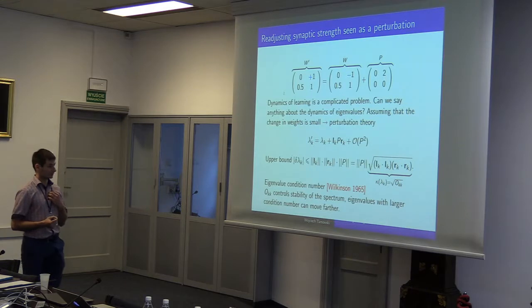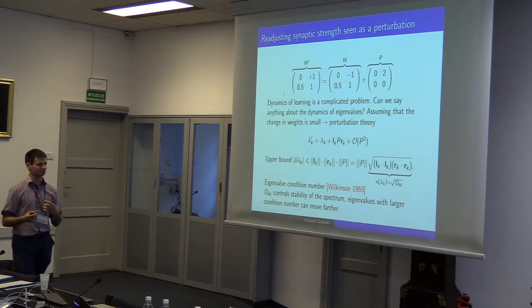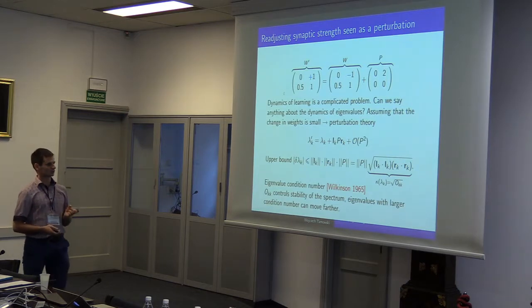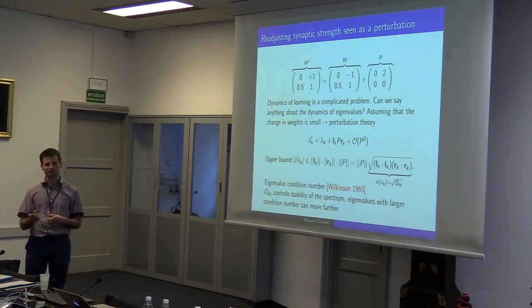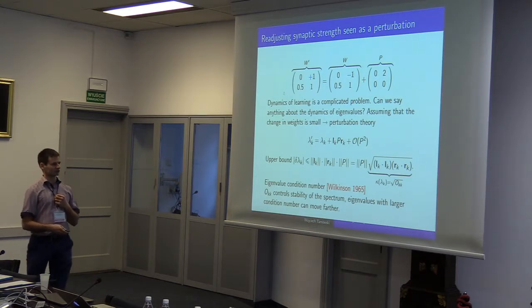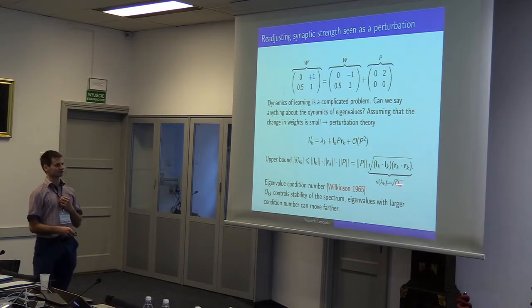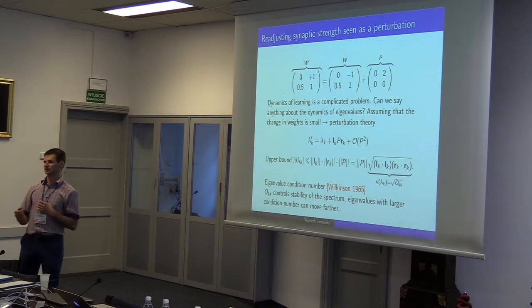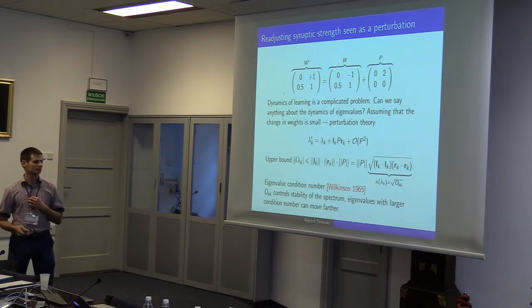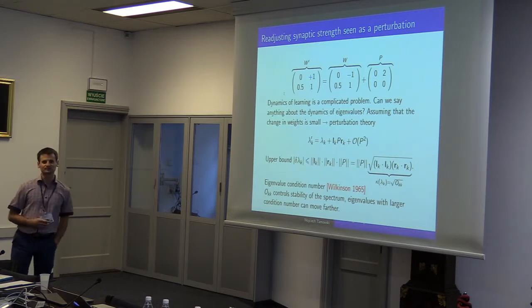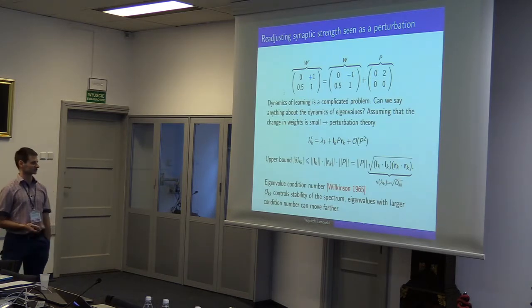But it can happen that you are using your diagonalization algorithm with this precision 10 to minus 10, but your eigenvalue can be conditioned so badly, in the sense that this number is so big, that you are losing some digits of your precision. And you need to deal with that or be okay with this loss of precision.